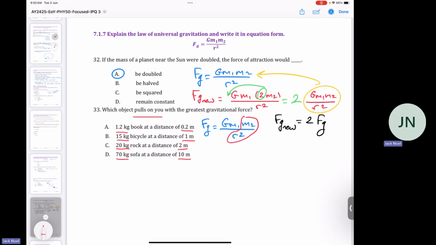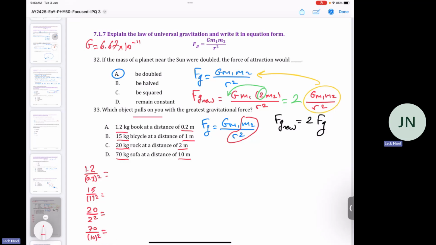G is already a constant, always 6.67 times 10 to the negative 11. So I need to find the ratio m2 to r squared every single time: 1.2 over 0.2 squared, then 15 over 1 squared, then 20 over 2 squared, and then 70 over 10 squared.